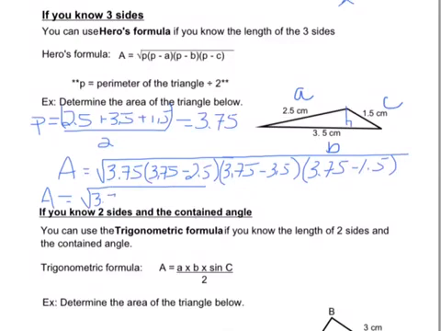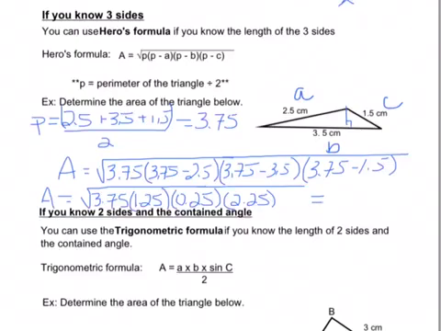So 3.75. And then the first bracket, we do the subtraction. We get 1.25. Close bracket. The next bracket, we get 0.25. And then the next bracket, the last bracket, we get 2.25.